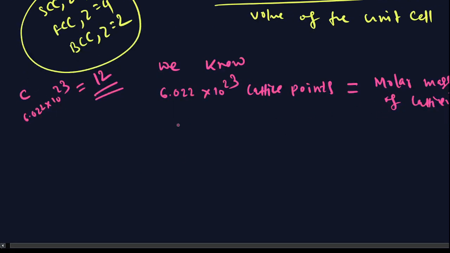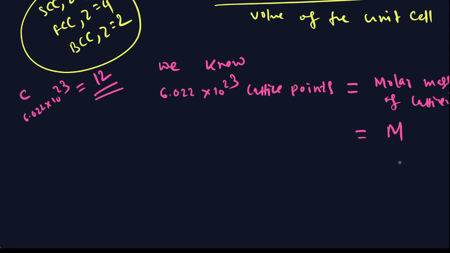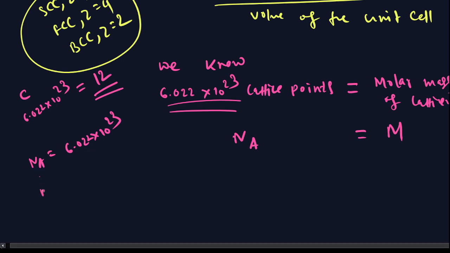So from here I can write that 6.022 into 10 to the power 23 lattice points have a mass equal to the molar mass of the lattice point. The molar mass is represented as capital M, and this number we represent as Na, because Na is equal to 6.022 into 10 to the 23 particles. So instead of writing this, we simply write Na, and the molar mass we represent as M.